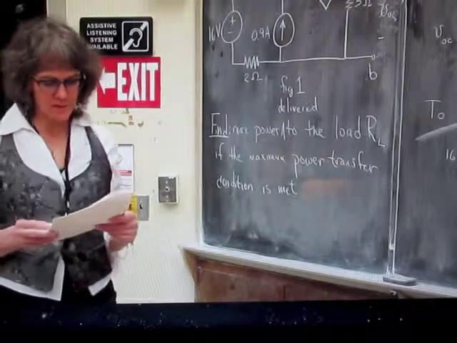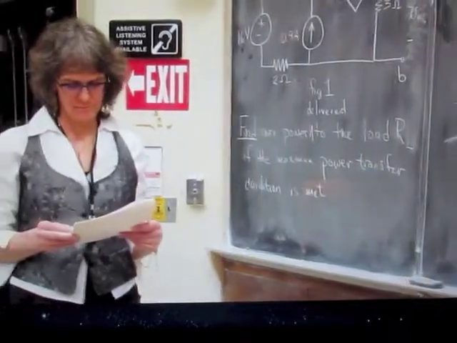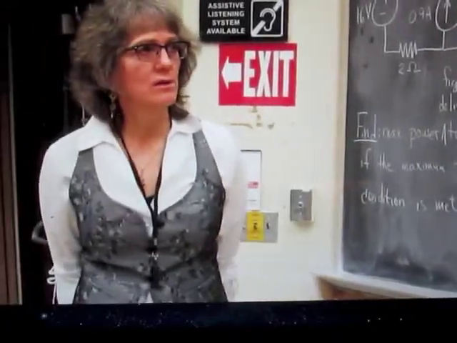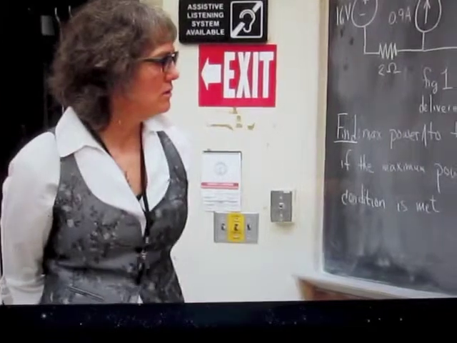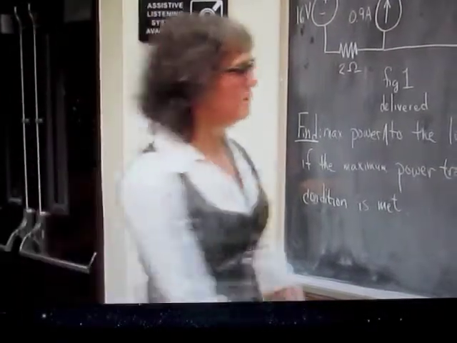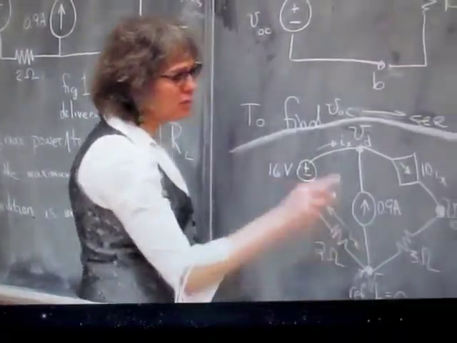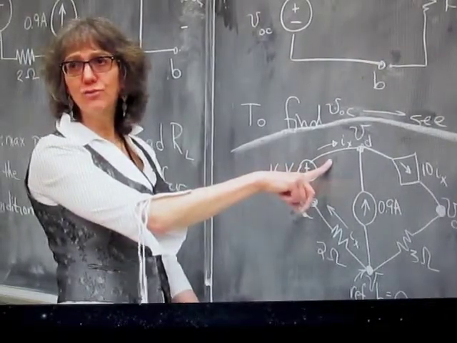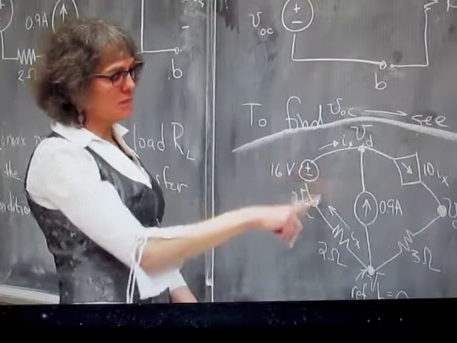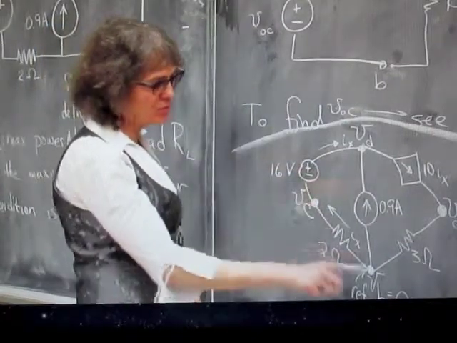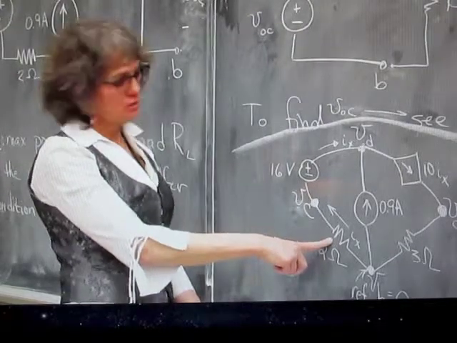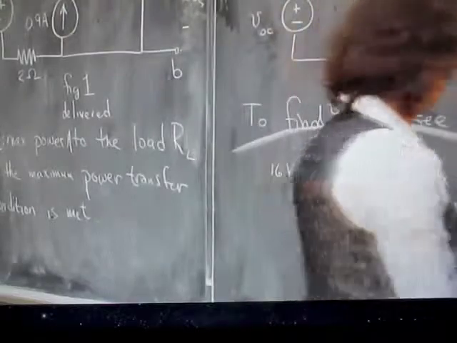I forgot an important step when I label the node voltages. Never mind, sorry, I'm getting ahead of myself. I'm looking at this branch and I'm having trouble figuring out how I'm going to write IX in terms of node voltages. But then when I see that IX is also in this branch, it's much easier to see how I can write it in terms of node voltages. So who can do that for me?